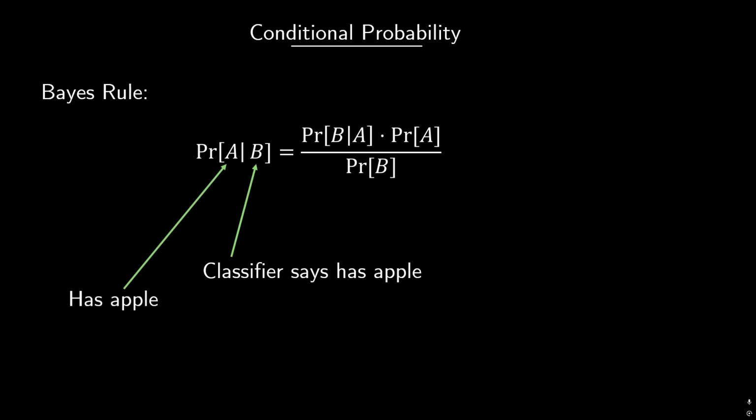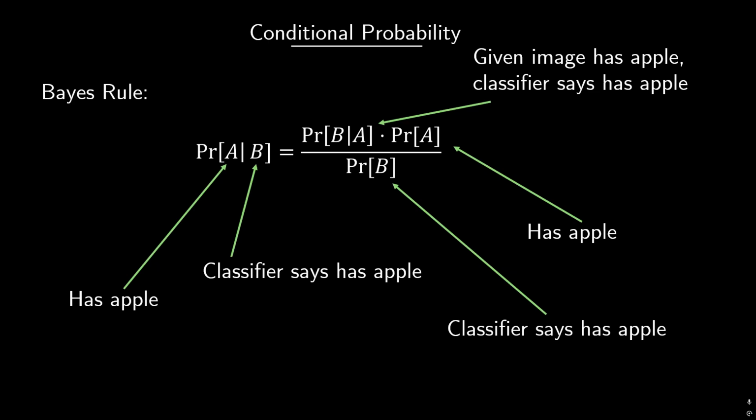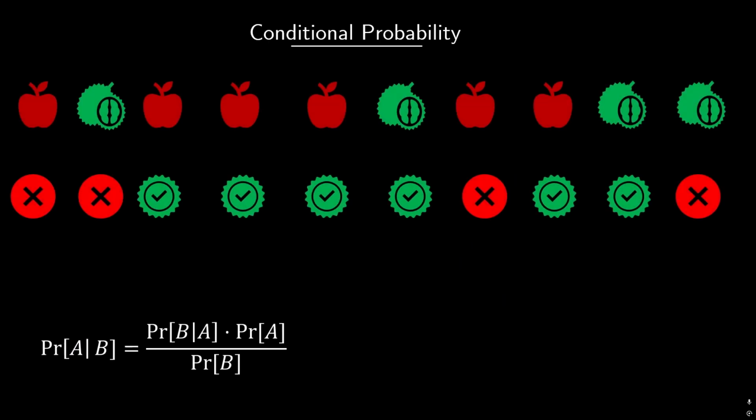So we flipped it. The opposite side would be to say that we know there's an apple. What is the probability the classifier says we have an apple? And we multiply this by the probability that we have an apple. That's a lot of apples.